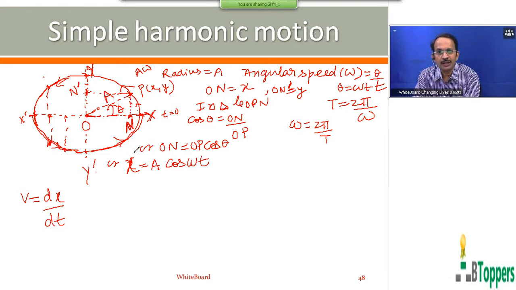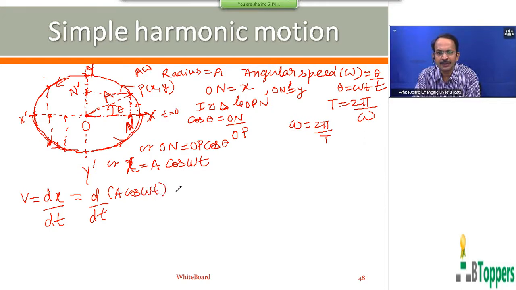You can arrive at the expression of velocity by two methods. One method is the calculus method. The other method is finding the component of velocity. Let us first choose the calculus method. Instantaneous velocity of the point m can be written as dx by dt. You can substitute x equal to a cos omega t.